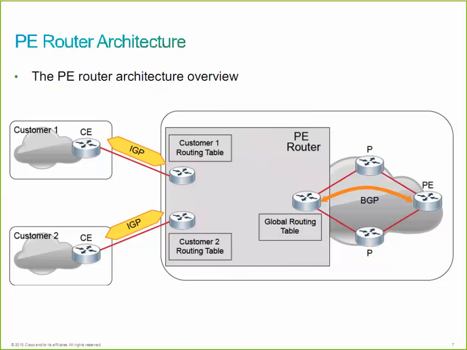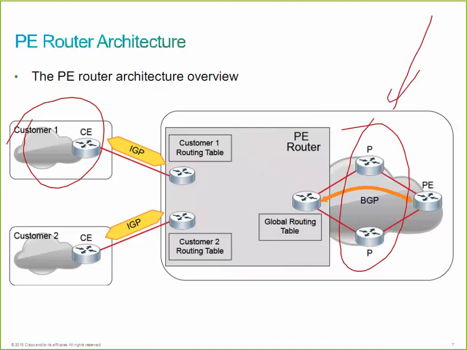Just like we would exchange routes between a service provider and the customer as well. So there are instances where the customer is also participating in routing that the provider is providing. Maybe they've got some sort of AWS connectivity, or maybe they have some sort of software as a service, or some sort of telephony service, or a subscribed service that the provider wants to provide to the client.